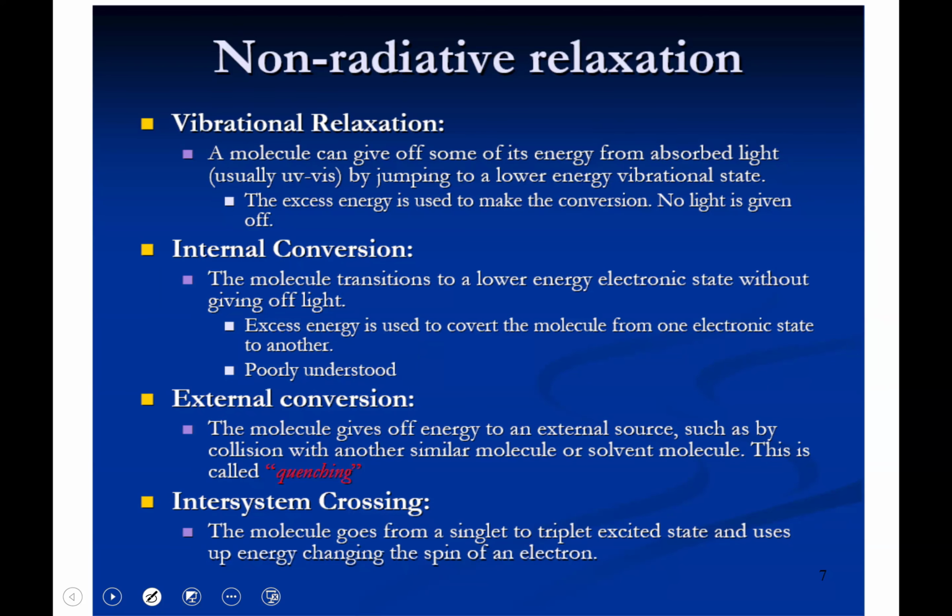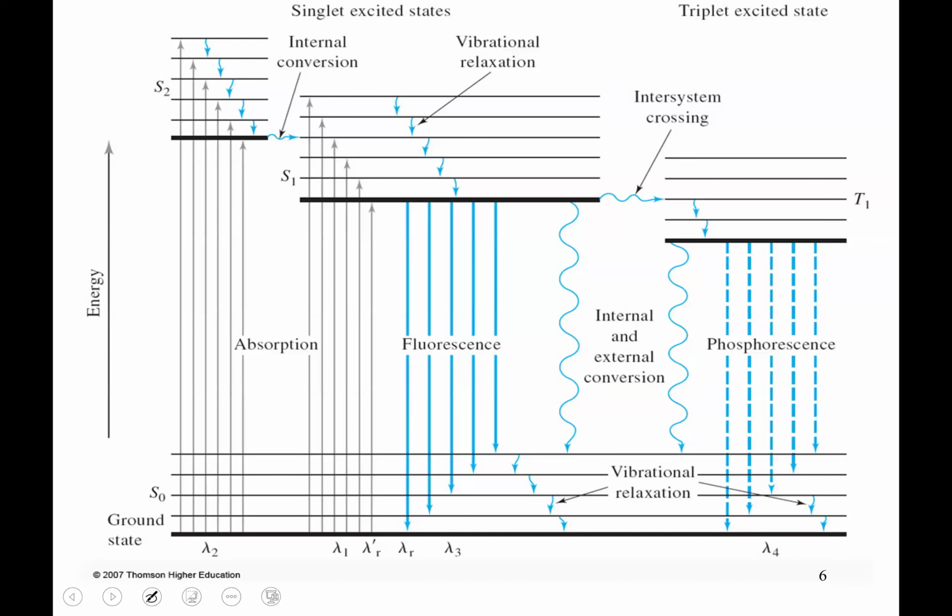Then we have the external conversion. The external conversion is associated with going from a singlet state to a triplet state. So it takes energy and time to go from that state to that one. So this is a triplet state now. Like we know what the triplet state involves.